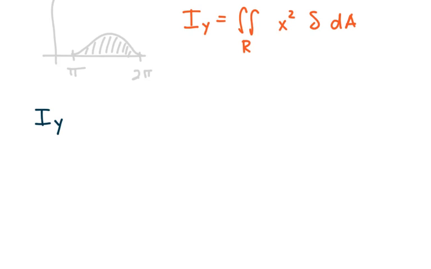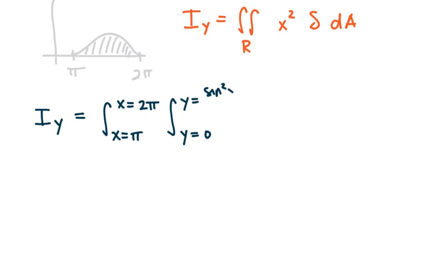I would choose to integrate with respect to y first, which makes the bounds easy to set up. So x goes from pi to 2 pi, and y goes from 0 to the curve, sine squared x divided by x squared. Then we have x squared delta, and dA is defined as dy dx.